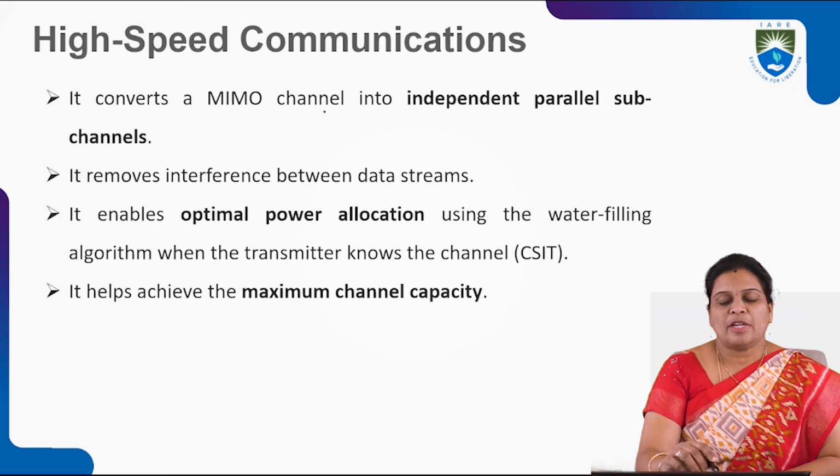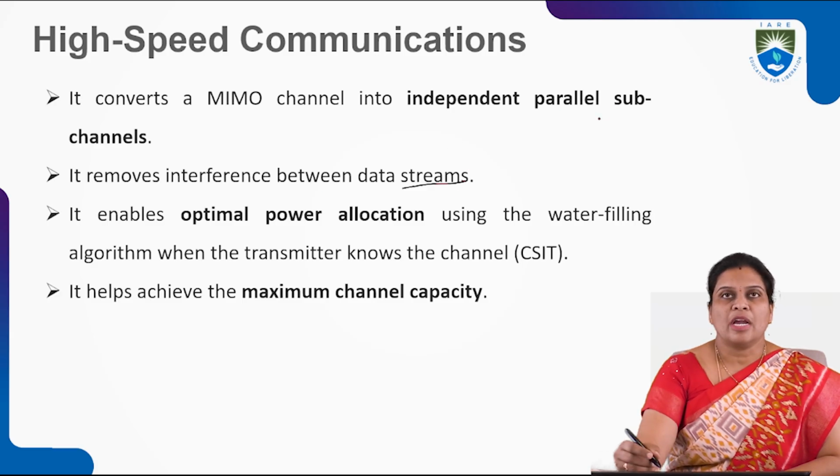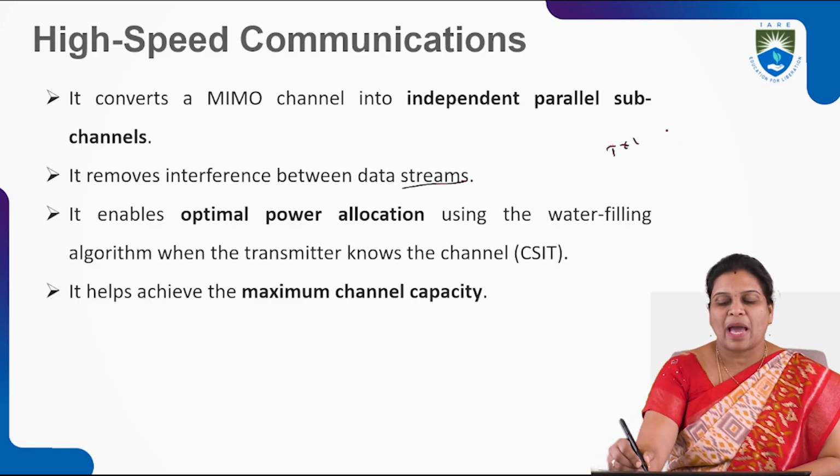By using the MIMO channel, it converts into independent parallel subchannels. It removes the interference between the data streams. By using multiple inputs and multiple outputs, whatever interference occurs between these two data streams, we can remove that interference. By using multiple transmitters and multiple receivers, all are using parallel channels only.